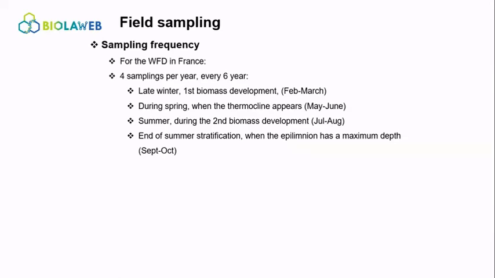We start with one region, then with a second, and every 6 years, all the lakes have been sampled. Basically, we take one sample every season, one during winter, one during spring, summer, and at the end of the summer stratification, just before the autumn.